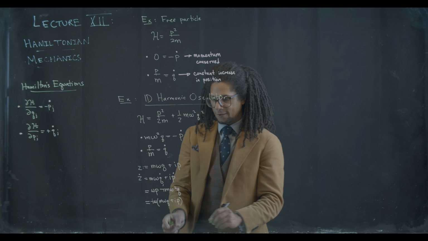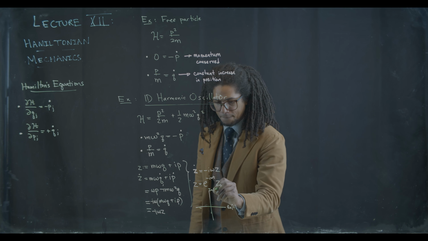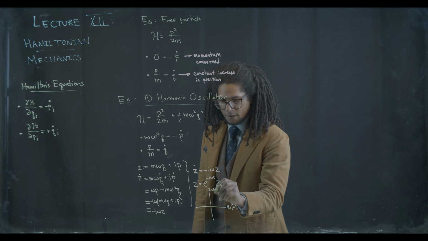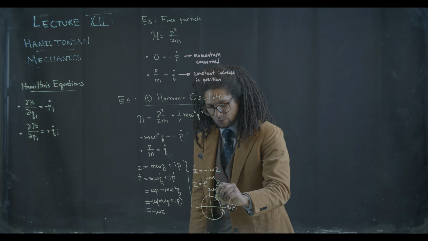So what I find is that with this choice, the motion that my object is making in z space, so this is the real part of z and the imaginary part of z, is just a circle of radius the absolute value of z naught. And so I'm moving clockwise in a circle of this radius.